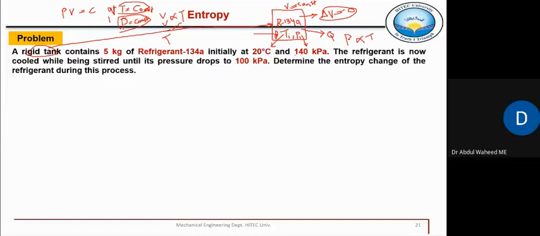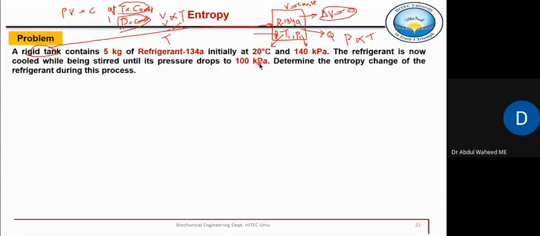So when the temperature drops, the pressure drops also, because the refrigerant is cooled and volume is fixed. Cooled means heat is taken out, so temperature is dropping while being stirred, until its pressure drops to 100 kilopascal.